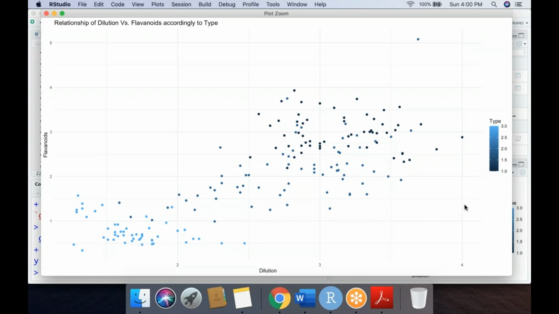You can see, is there a pattern? When it is high flavonoids and high dilution, there is a greater chance to fall under class 1. And when the flavonoids are low and dilution is also low, it has a much greater chance to fall under class 3. Right? Correct? Yes.